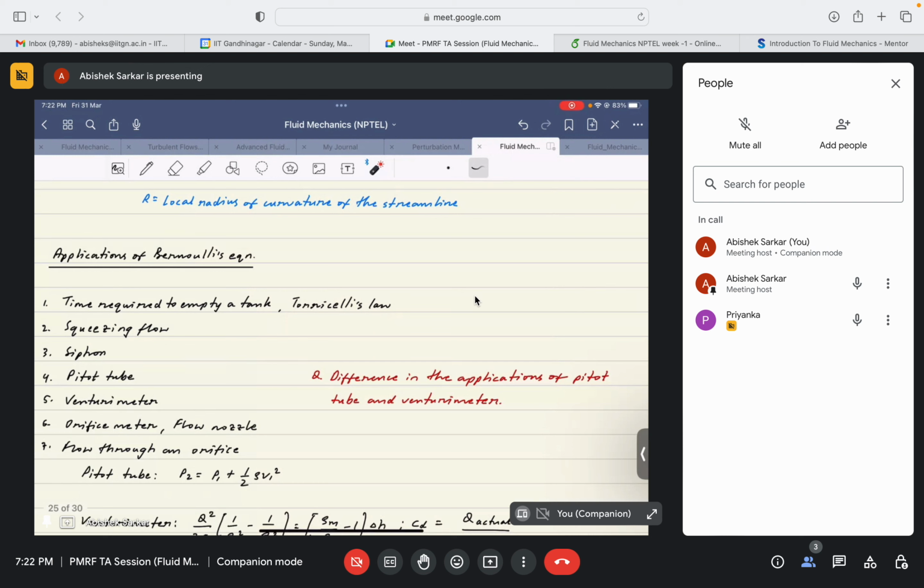Yes, sir. Okay, then there is not actually a specific name for such kinds of flows, but this is what I have seen geometrically and how it resembles, that's why I named it a squeezing flow. Basically, say this is a flat surface, and this is a flat plate of any geometric shape, like circular, rectangular, or square.